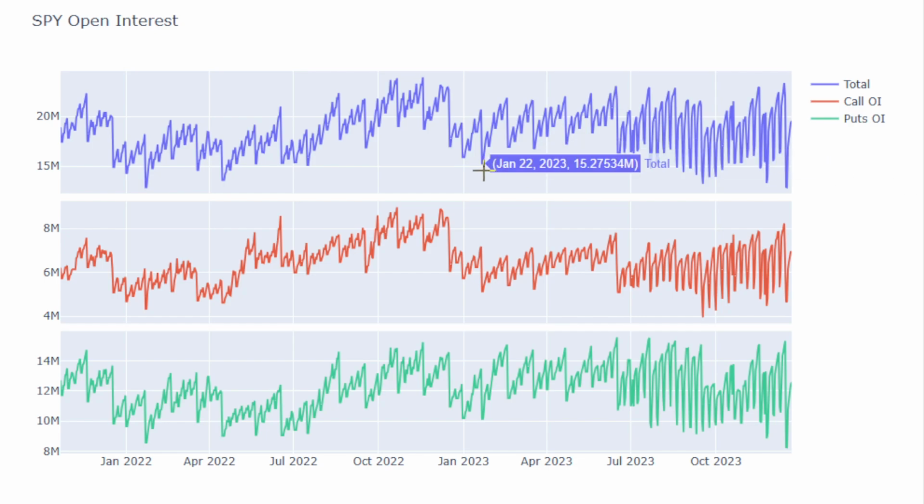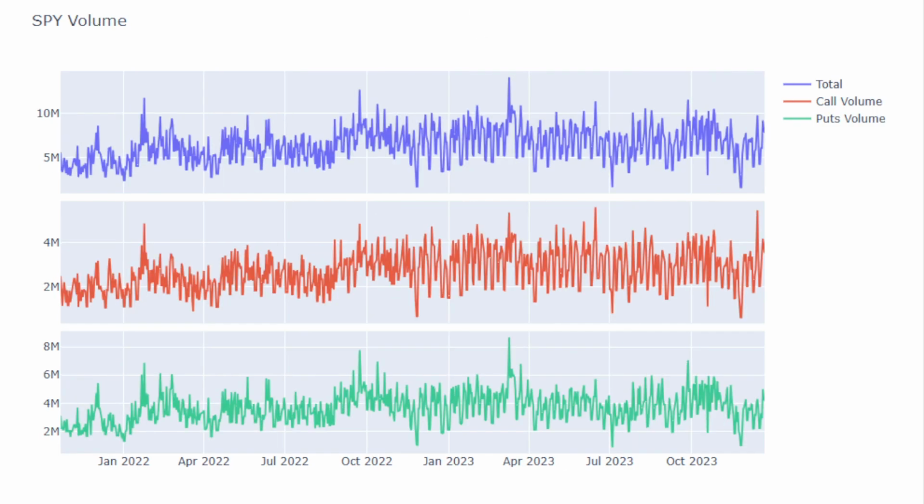For instance, we can see upward trends followed by steep drops around the monthly expirations, indicating that the monthly expirations tend to hold a lot more open interest than maybe the weekly or even the daily, which makes perfect sense.